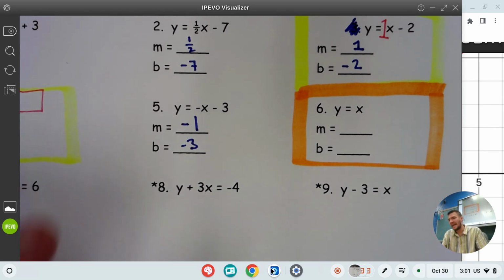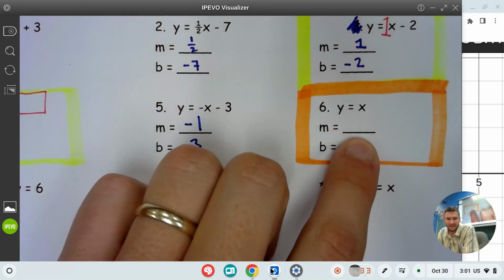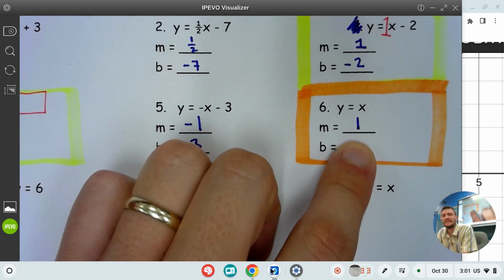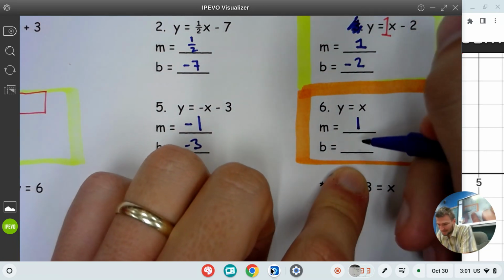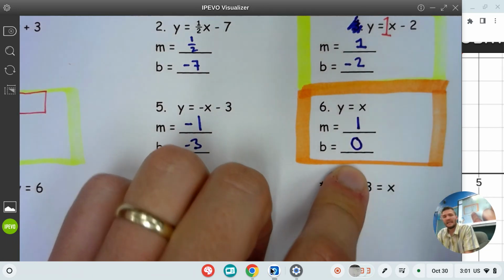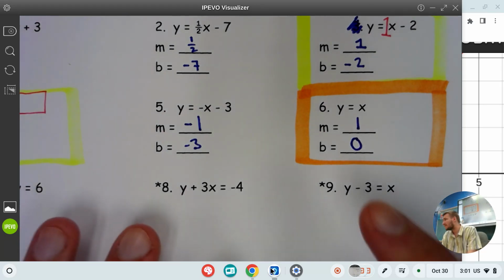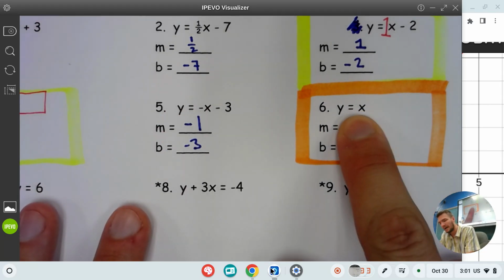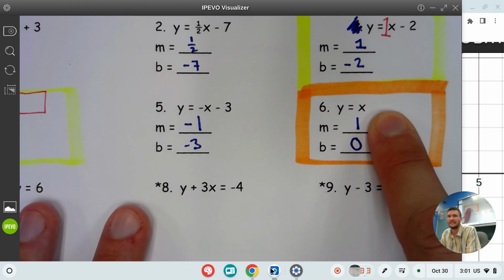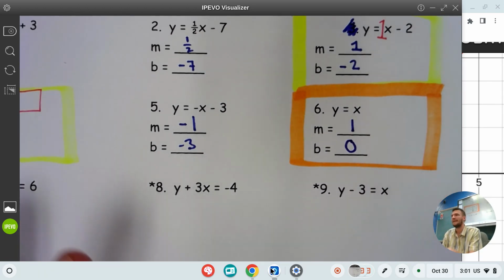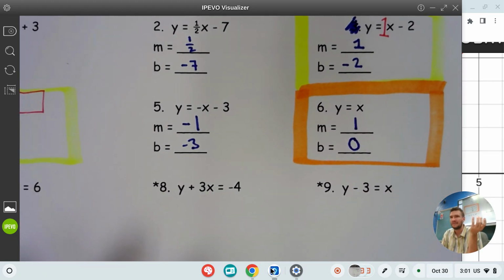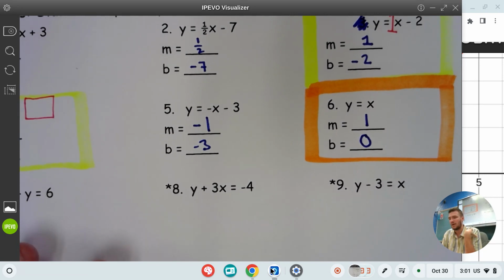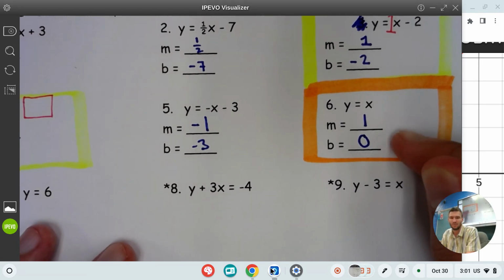What is the m number in front of x? 1. And what is the b number after x? 0. And that confuses a lot of people because the invisible 1 and the invisible 0, and a lot of people say, why aren't they both 0? Why aren't they both 1? But it has to be in this order.